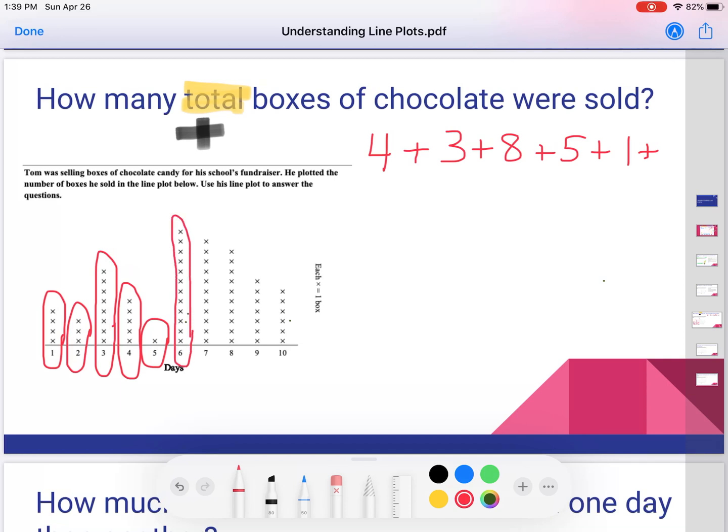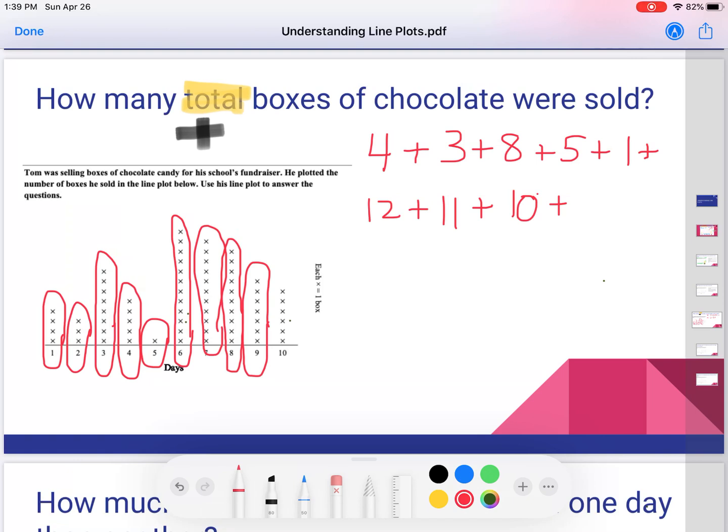Day 6 sold 12 boxes. Day 7 sold 11 boxes. Day 8 sold 10 boxes. Day 9 sold 7 boxes. And day 10, Tom sold 6 boxes.